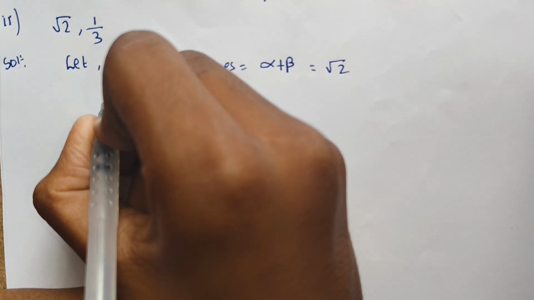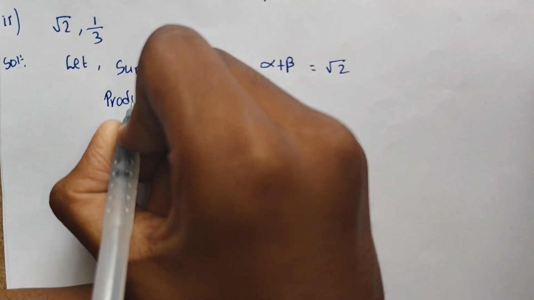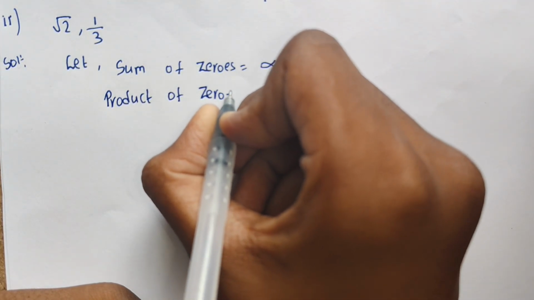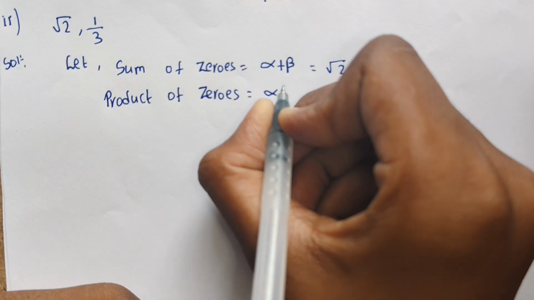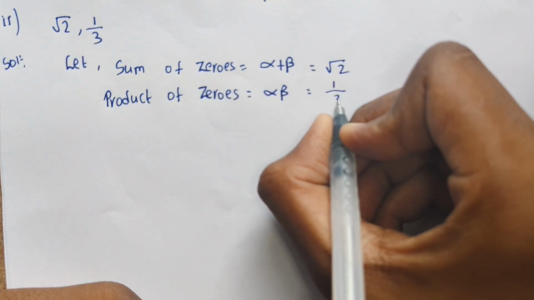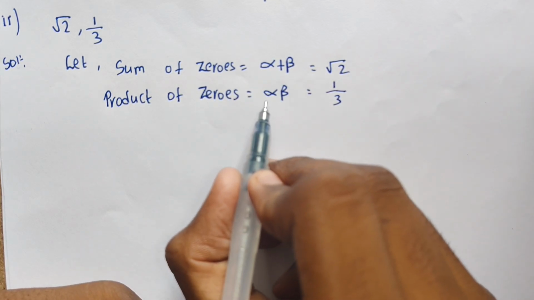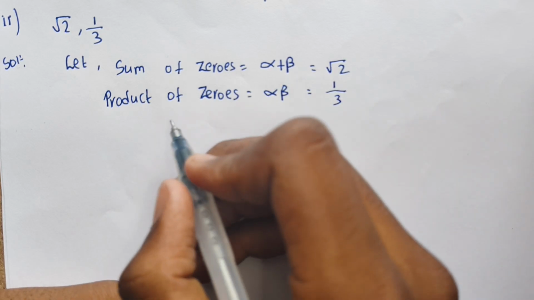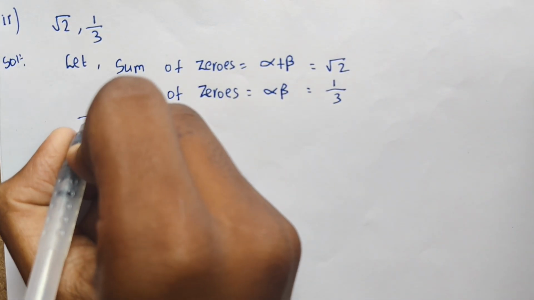And the product of zeros, alpha into beta, is equal to 1 by 3. So we got alpha plus beta and alpha into beta. Let us write the quadratic form.